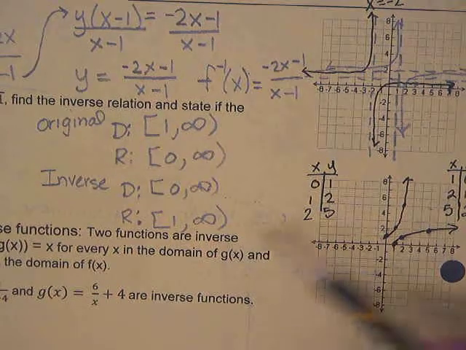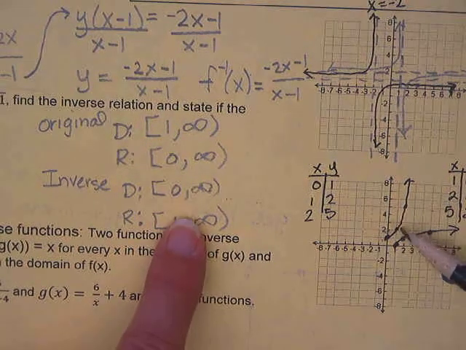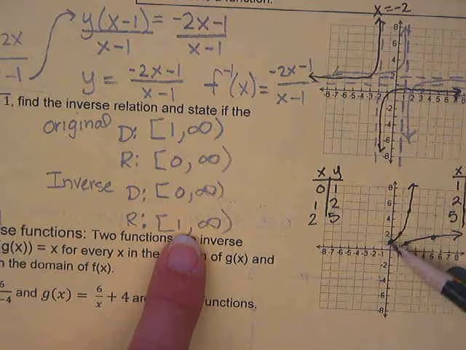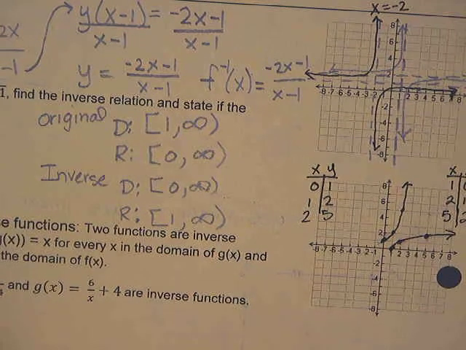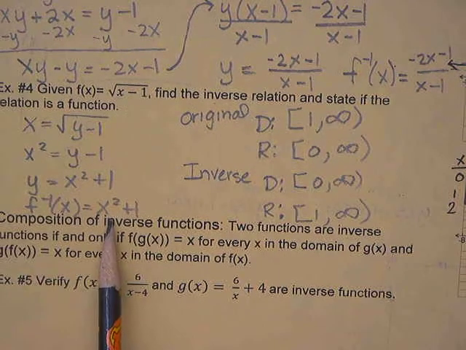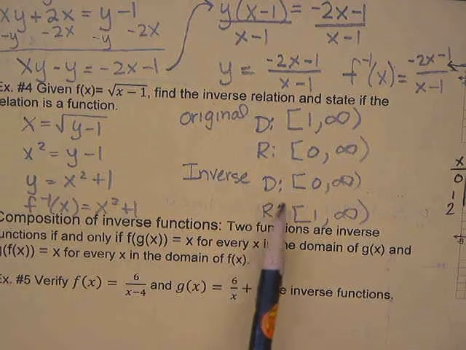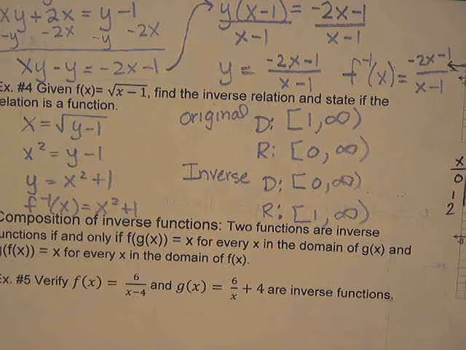So these will switch. Looking at the graph that I drew, the domain is from 0 to infinity and the range is from 1 to infinity. That corresponds. So this inverse function, x squared plus 1, has a domain restriction from 0 to infinity.